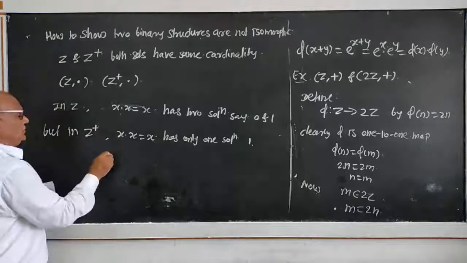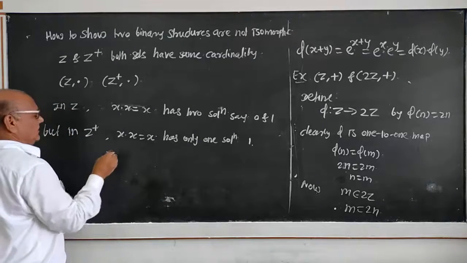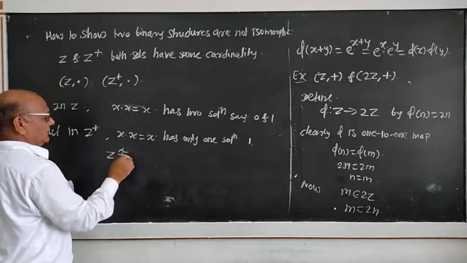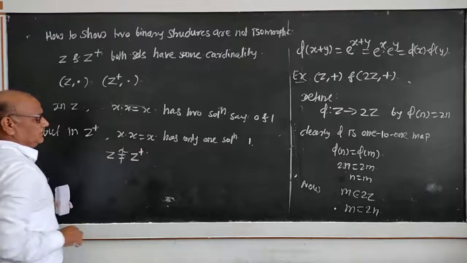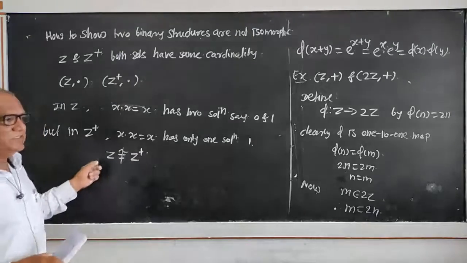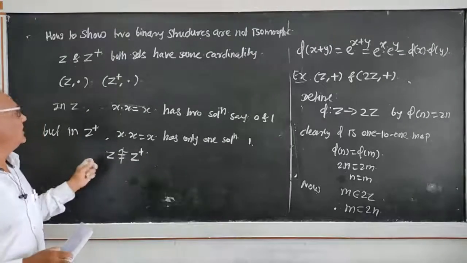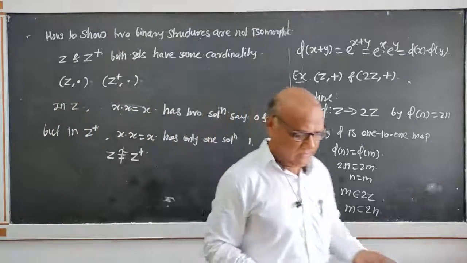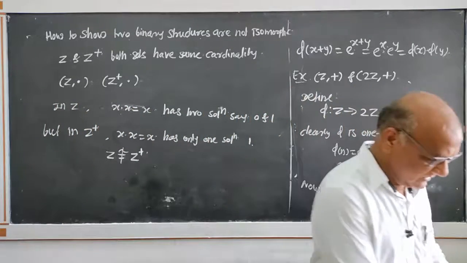Therefore, these two sets are not isomorphic. That means Z is not isomorphic to Z plus, or we say these two binary structures are not isomorphic.